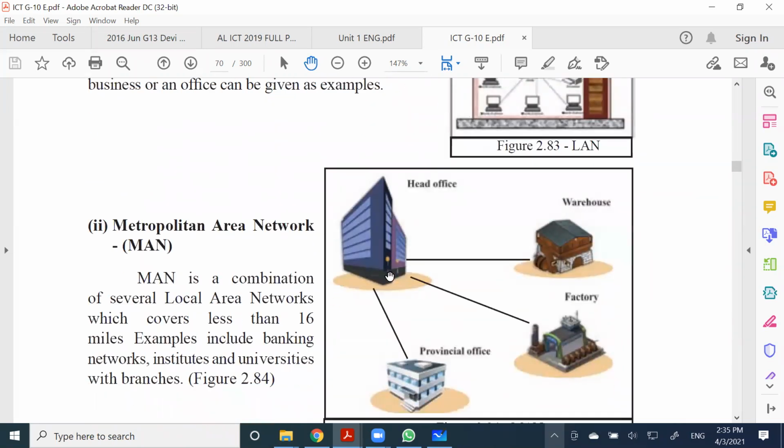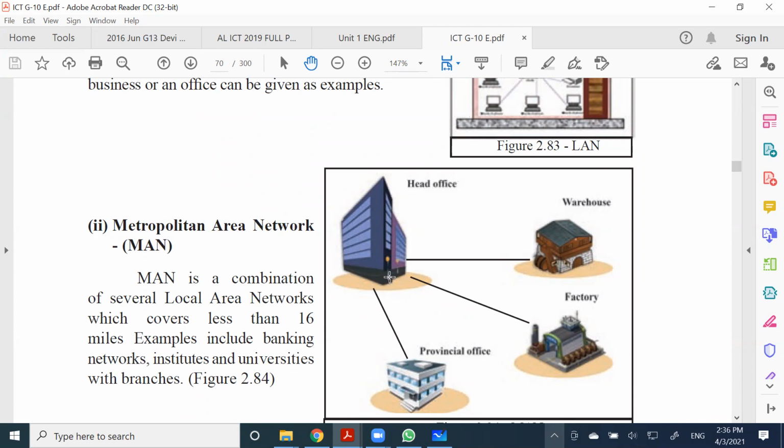When it comes to the metropolitan area network, metropolitan is generally used to indicate a city. So it is a network bigger than the local area network, and it can spread over several buildings.